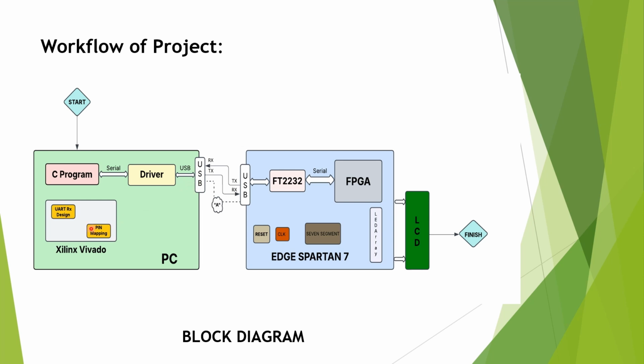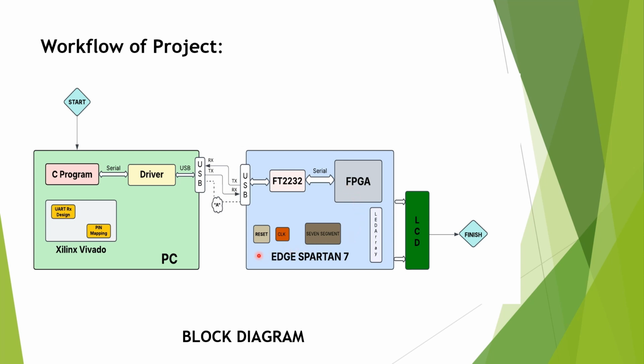And inside Vivado, we have a UART receiver module and pin mapping configured for FPGA communication. After that, there is the USB UART converter. The data is transmitted via USB and goes through the FT2232 chip. This chip converts USB signal into UART serial communication. It ensures the data is correctly transmitted and received by the FPGA.